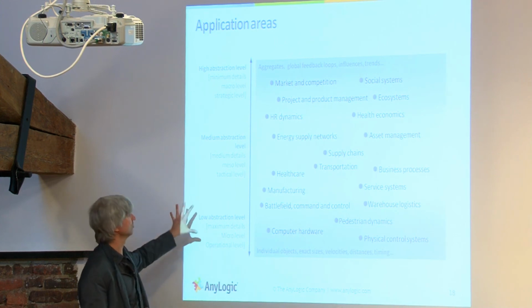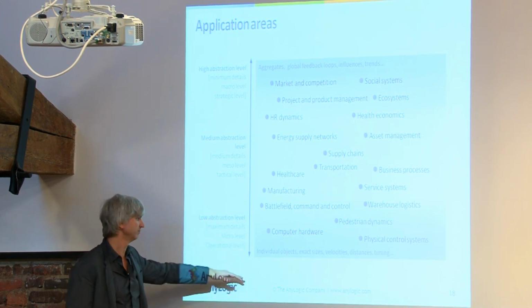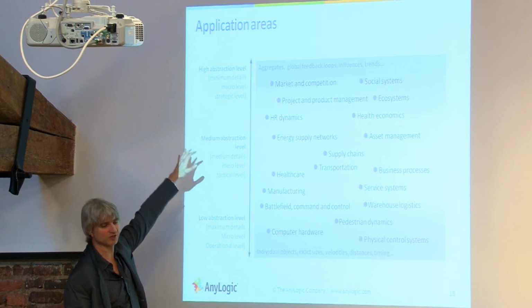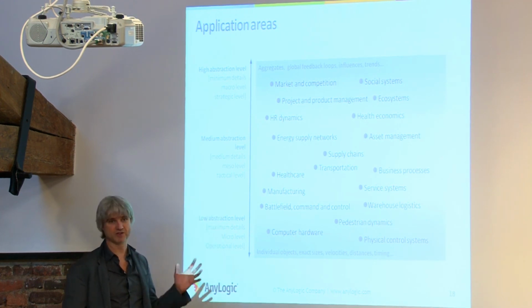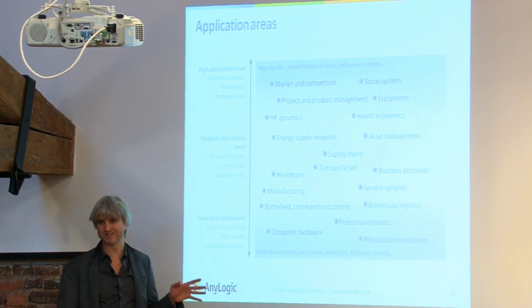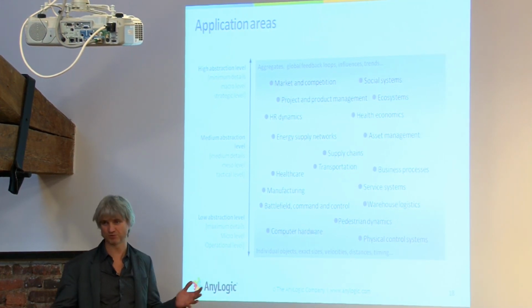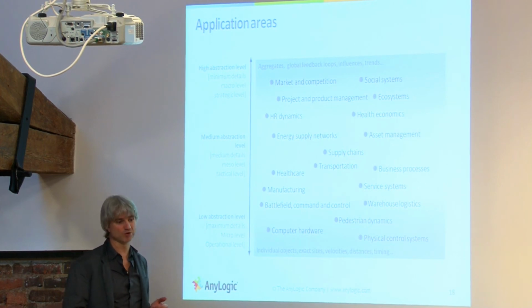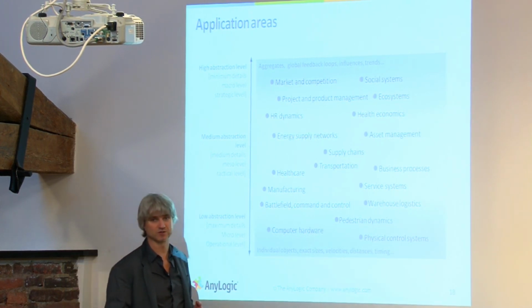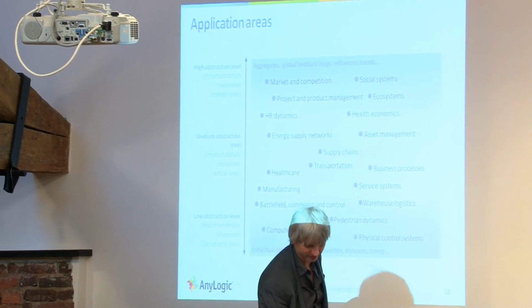So the notion of abstraction level, many details or few details, matters a lot. In any simulation project, the right choice of your abstraction level, what's in and what's out of scope of the model, is very important and may be really critical for the success of a simulation.